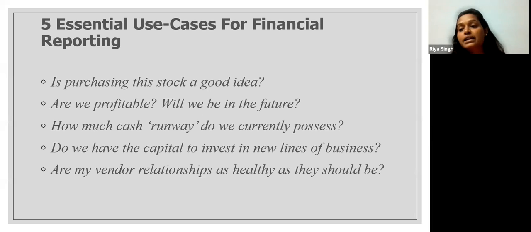These interested parties are the government, the investors, the suppliers, the customers, or the various financial institutions, the banks, so that in whatever form they need information, this financial reporting should be able to give the information to those interested parties.